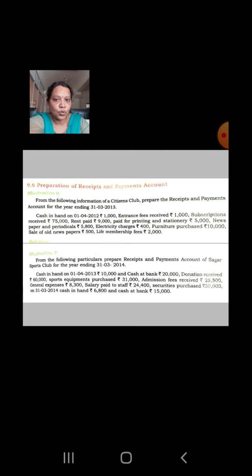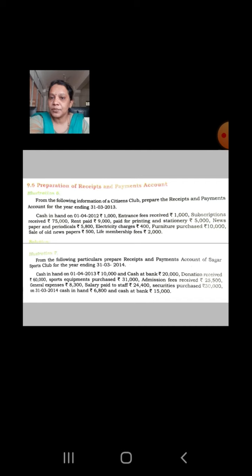As you already know, it is nothing but preparation of cash book. It is a summary of cash book which is prepared at the end of the accounting period, as a part of final accounts under non-profit organization. Here they will give some transactions done during the year, and you are just going to identify whether it is a receipt or a payment.